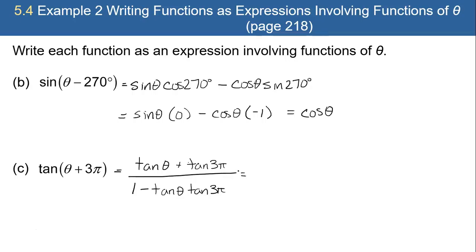Now plug in your values that you know these to be. Tangent of theta, and then tangent of 3 pi is 0. And then 1 minus tangent of theta times 0. Okay, so that's going to give you tangent over 1, which is equal to tangent of theta.